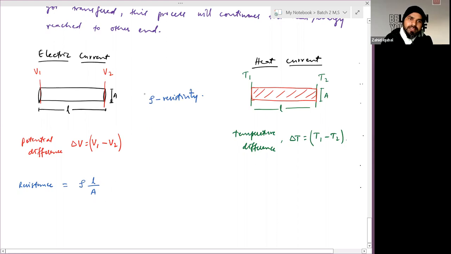The reciprocal of resistivity is called conductivity, which is defined by sigma, equal to 1 by rho. Similarly, in terms of heat, we may define conductivity as K, thermal conductivity. So you may transform this formula in terms of conductivity as length divided by sigma into A.